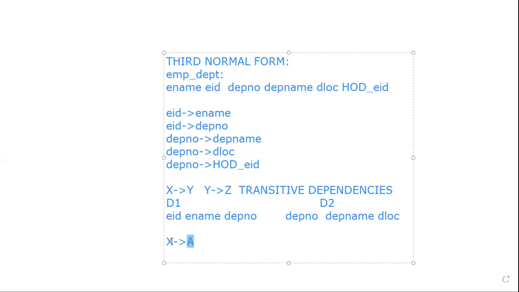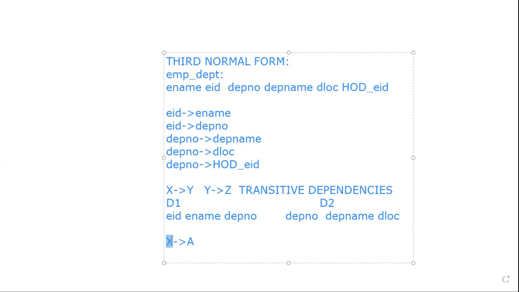You have to convert it into third normal form by decomposing it into n number of tables. So X should be a super key or A should be a prime attribute. A prime attribute is an attribute that is part of a candidate key. A super key is like a primary key in which no two tuples will be the same.